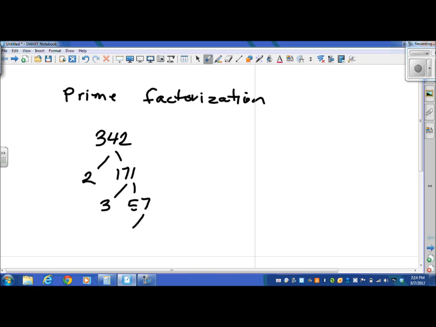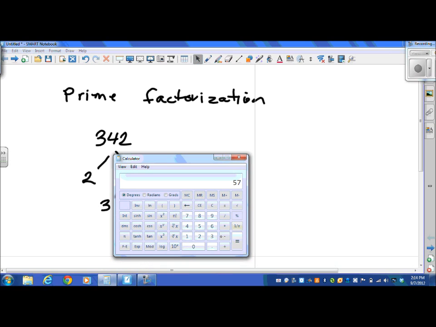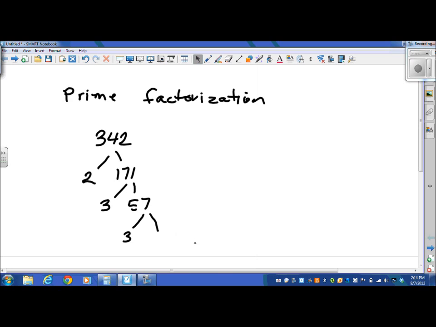Now if I take this down again, I look at 5 plus 7 equals 12, and 12 is divisible by 3, so that means 57 can be divisible by 3. If I divide 57 by 3 on my calculator, it's going to equal 19.